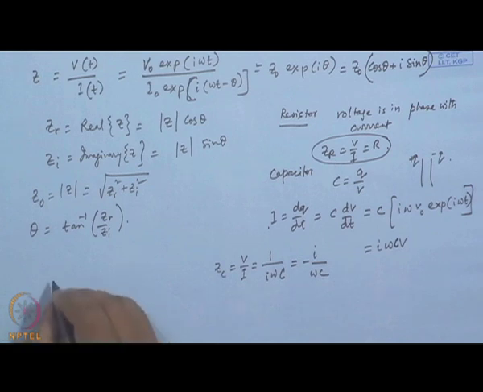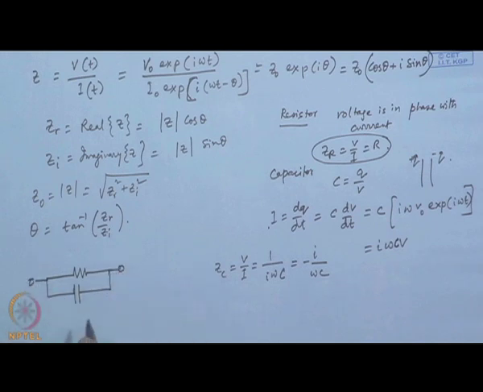Now, if somebody works with a resistor and a capacitor and tries to find out ZRC, then it will be defined by 1 by ZRC is equal to 1 by ZR plus 1 by ZC.